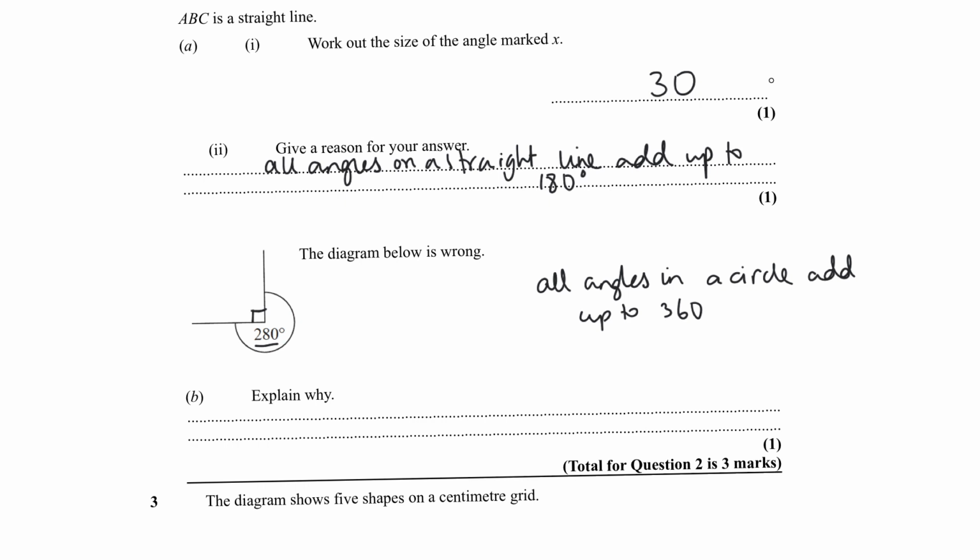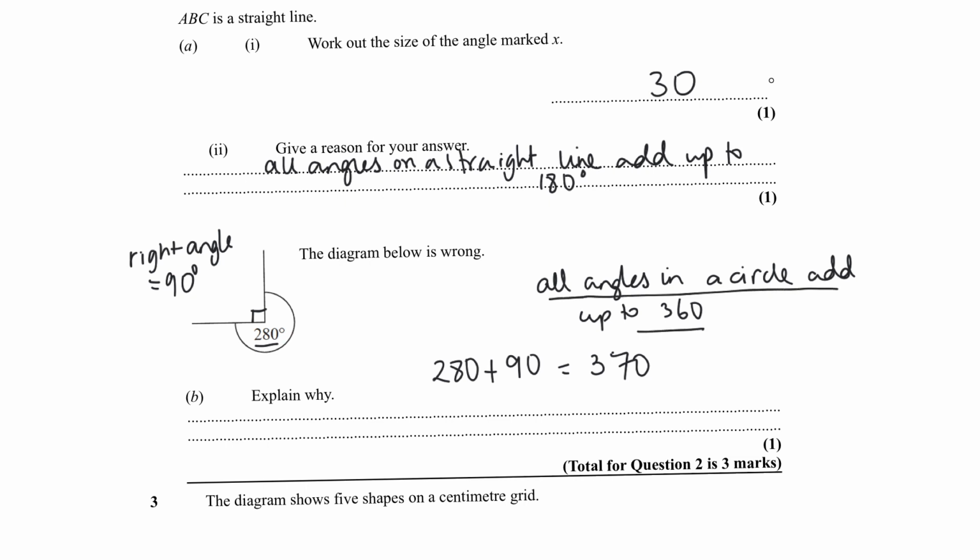And remember that box angle is known as a right angle, and a right angle is 90 degrees. So if we did 280 plus 90, we would get 370. And so the reason why this is wrong is because all the angles in a circle should add up to 360, not 370.